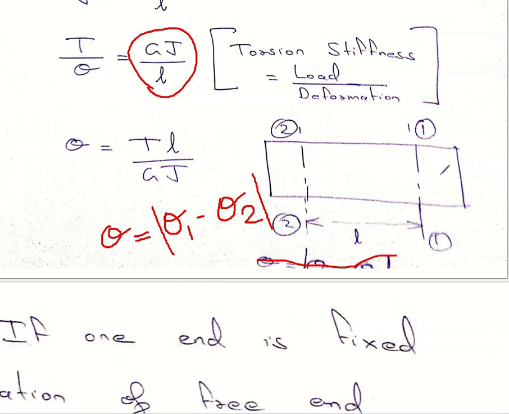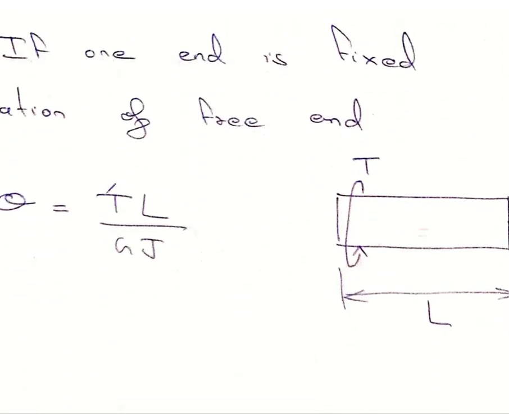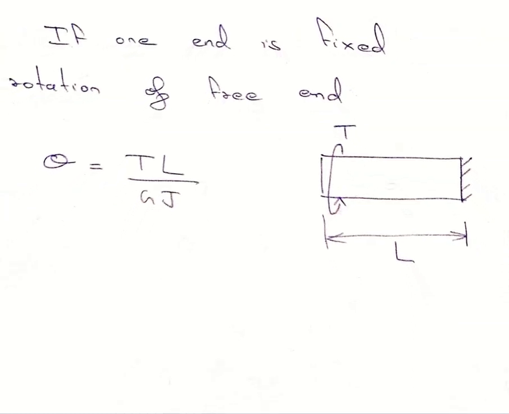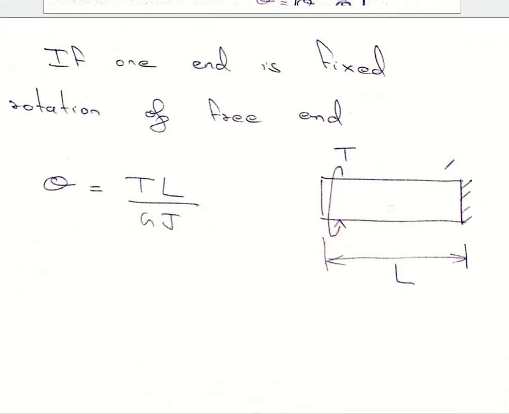So here I have assumed the two sections to be 1 and 2, and the length between them is L. Now if one end is fixed, and we need to find the rotation of the free end, then I can substitute the total length here.